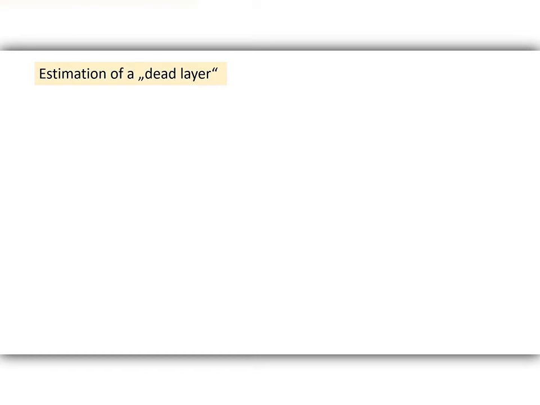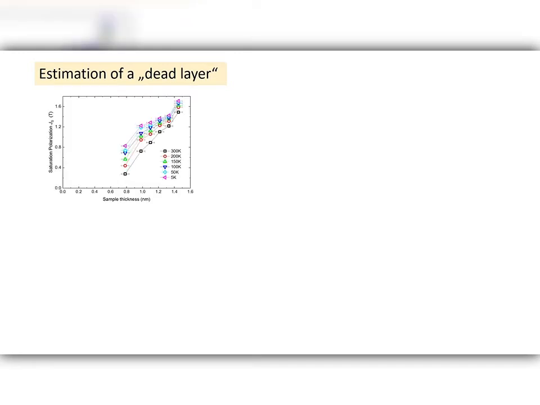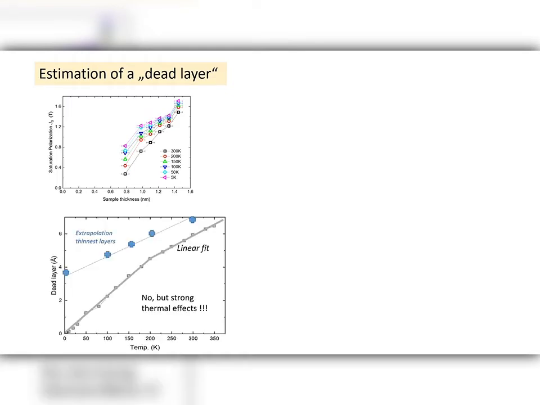So based on these measurements, we looked at whether there is possibly a dead layer, which is often taken to explain the reduced saturation magnetization from extrapolation of the magnetization as a function of thickness and temperature. We saw this behavior. A linear extrapolation shows that we have a linear fit.